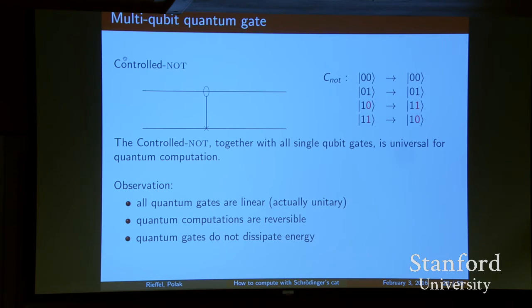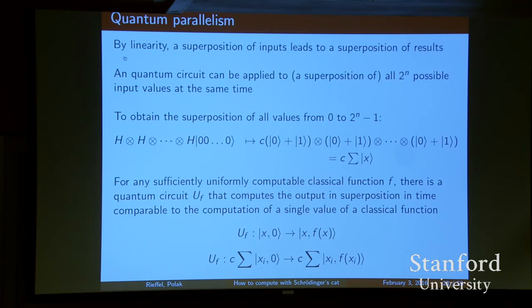You can run them backwards. And it also means that all quantum gates do not dissipate energy, which doesn't mean that a quantum computer is free. It probably lives in a very big refrigerator that creates microkelvins. But there's an interesting effect now because of the linearity.